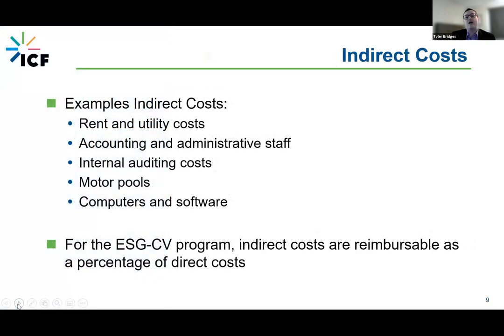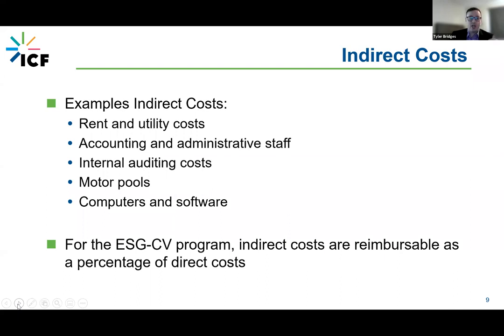Examples of indirect costs include rent and utility costs, accounting and administrative staff, internal audit costs, motor pools, and computers and software. Now, again, costs may be direct with respect to some specific service or function, but indirect with respect to another.